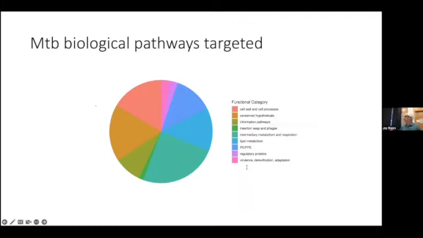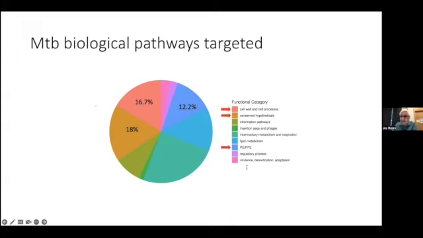Thinking a little bit more about the biology, what's interesting to me is that almost 50% of these immunodominant peptides and the proteins that are specific to people with active TB, or no active TB but from an endemic region, are things that make biological sense.